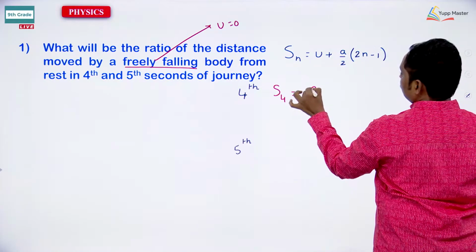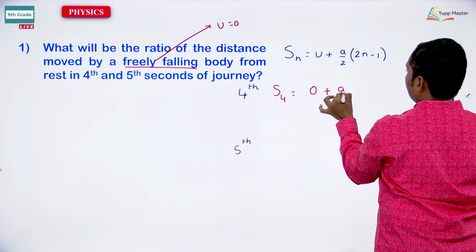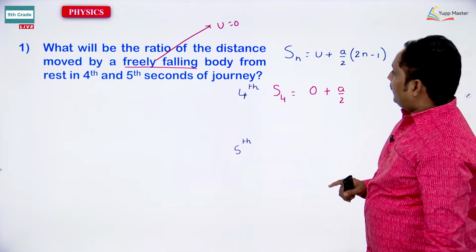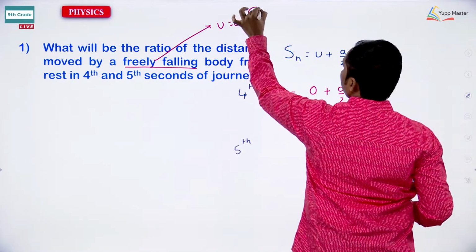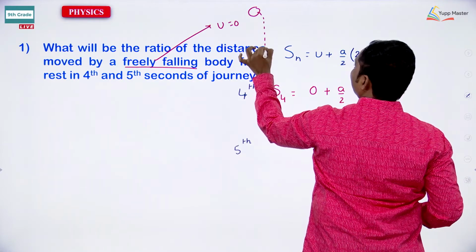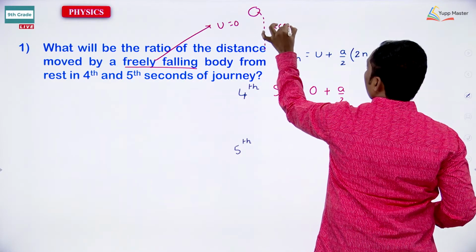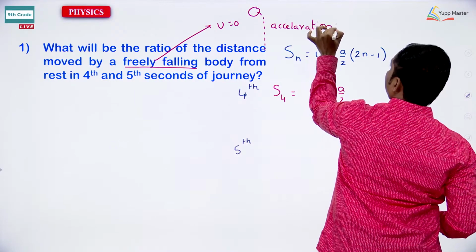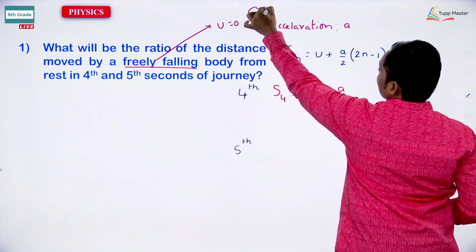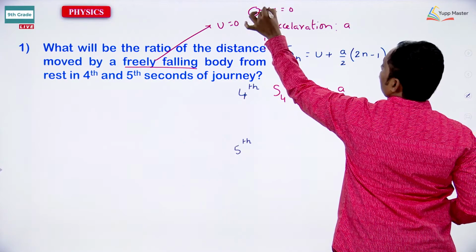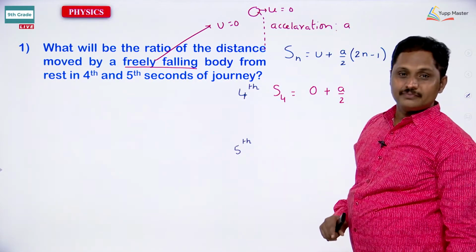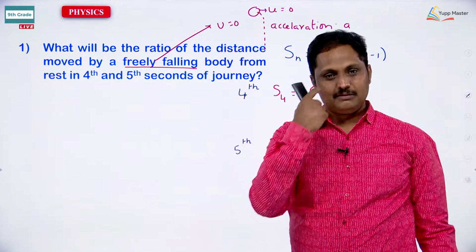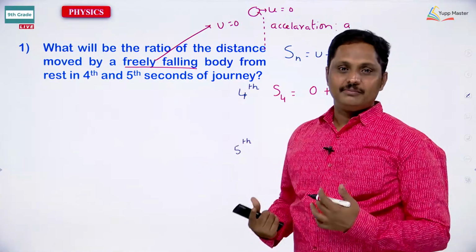So, 0 plus a by 2. The freely falling body gets accelerated. There exists an acceleration, that is a, and u is equal to 0.